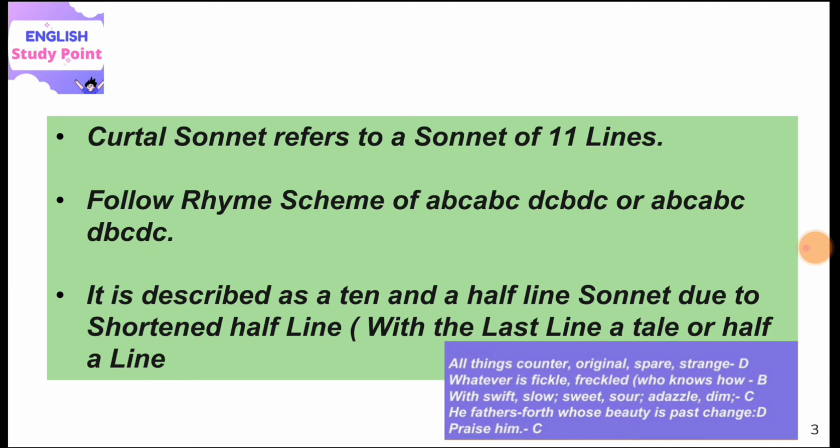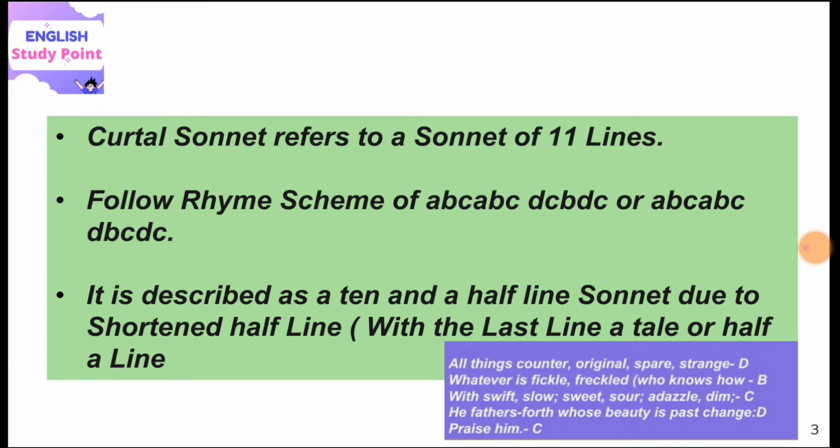This poem contains 11 lines, but I have picked up the last 5 lines of this stanza in order to make you understand why these sonnets contain 10.5 lines. Now I am reading these lines.